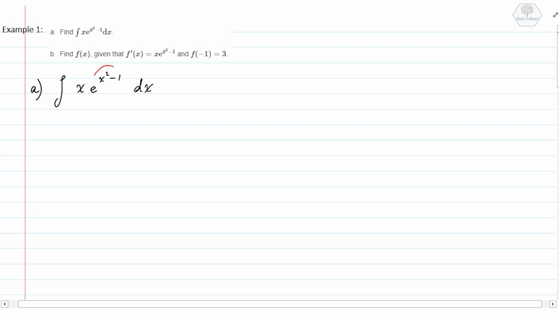So I can let the u be equal to x squared minus 1. This is my u. So I'm having u equal to x squared minus 1. Let's derive this function.